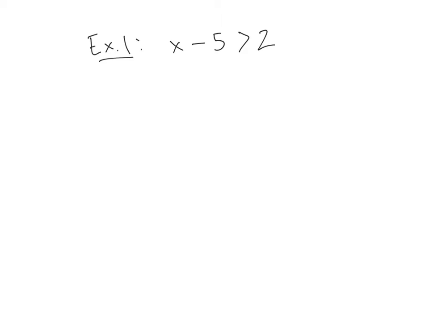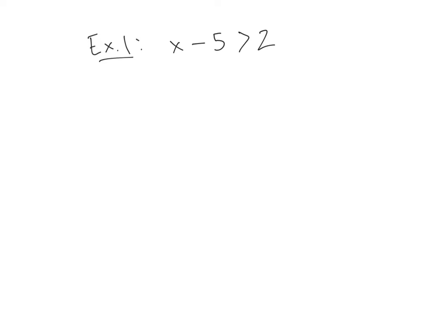The first example we're going to look at is x subtract 5 is greater than 2. So again, x is a placeholder. We're looking for some number that when we subtract 5, the left-hand side will end up being greater than 2. We kind of worked on this with equations, and the first thing we would do is try to guess. So in this case, if it was an equal sign, we would say 7 minus 5 equals 2, and we'd know that 7 has to be our answer.